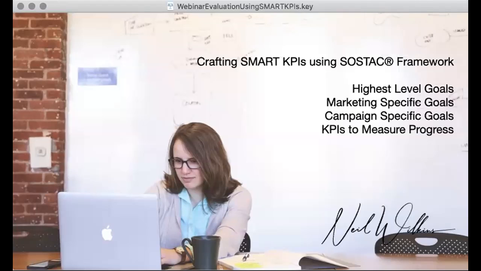And then at the bottom of the tree, I will have my KPIs, my key performance indicators, to measure the progress of my campaigns that are supporting the marketing goals, that are supporting the highest level goals. They are there as indicators, but they're smart because they're measuring the campaigns that are supporting the marketing that I've already defined as supporting the highest level business goals.